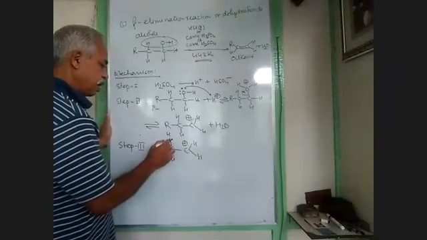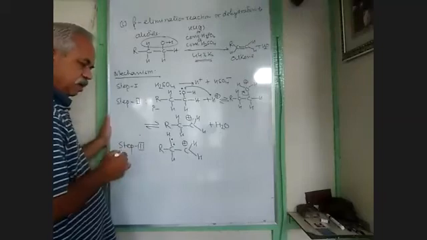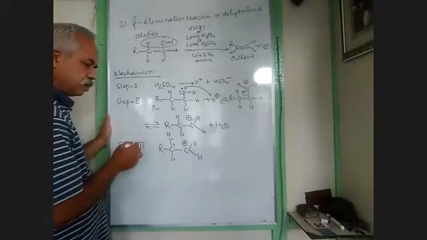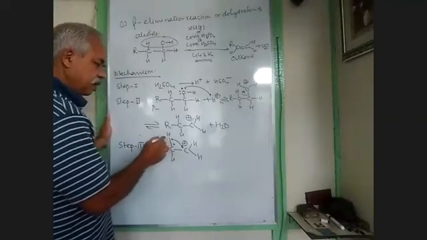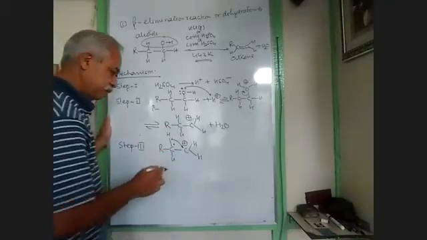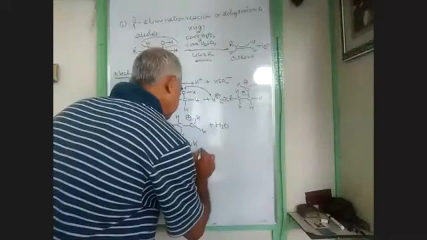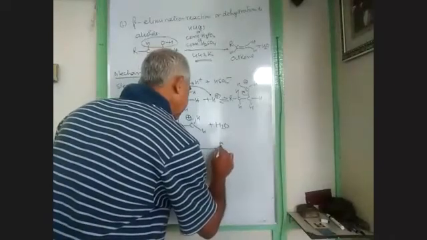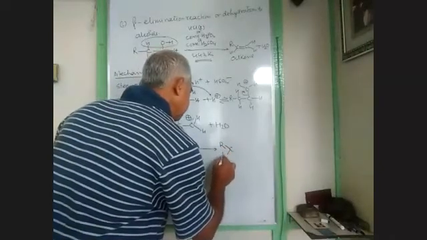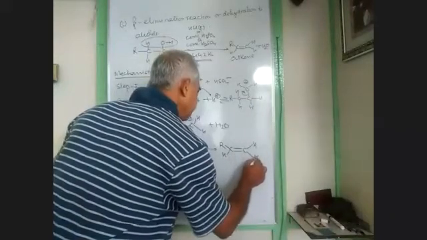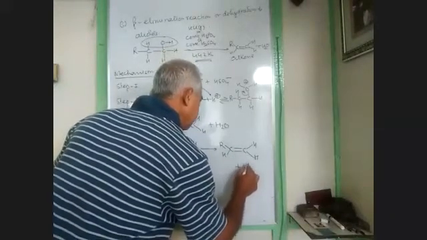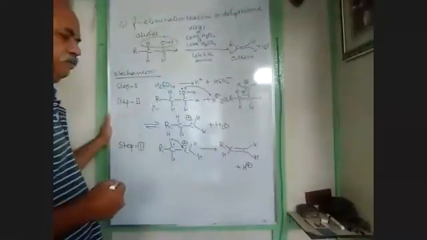One electron is here and the other electron is here. But this carbon wants an electron. So this hydrogen is going to sacrifice this electron. This bond will break. So what will you get now here? You will get R, C, H, C, H, and you will get here now H plus.